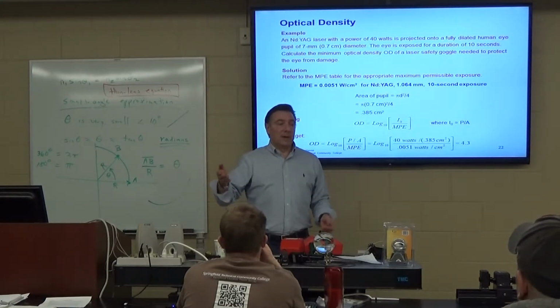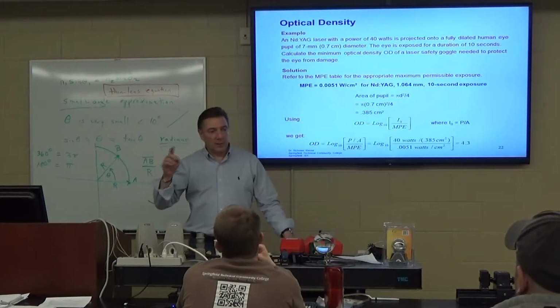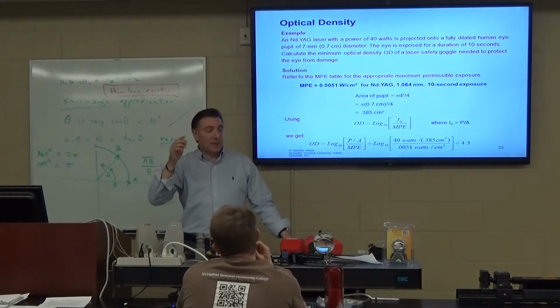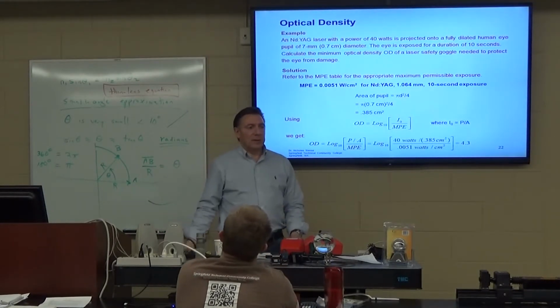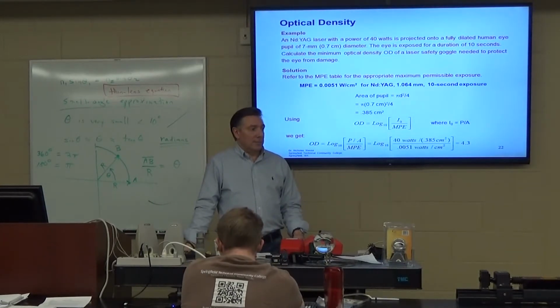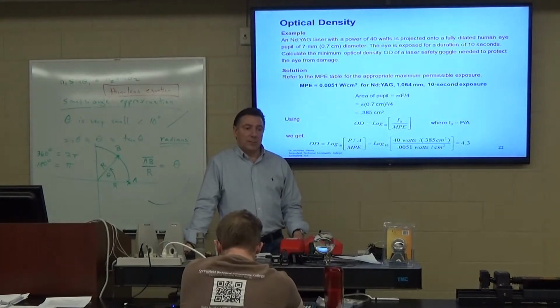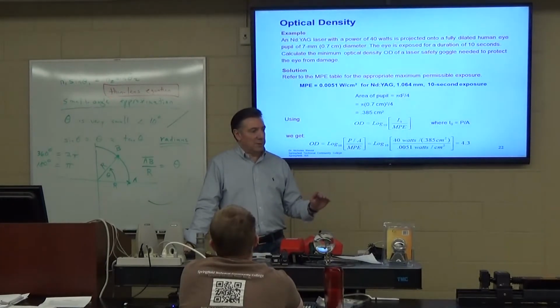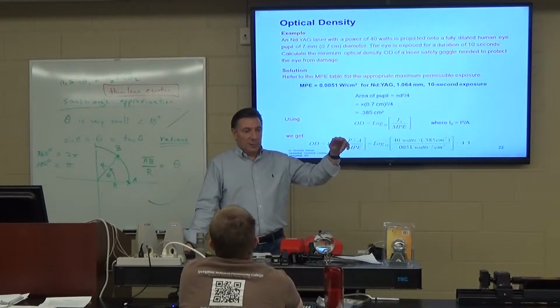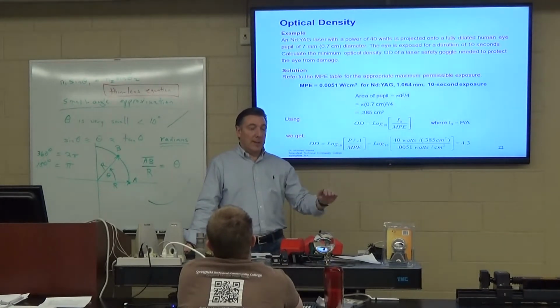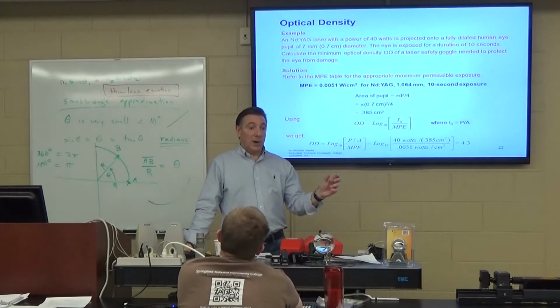So, for example, if I was operating that green laser down the hall, it's 1 watt. The goggles I have have an optical density of 2. Optical density of 2 means it's going to knock that light down by a factor of 100. So 1,000 milliwatts, or 1 watt, divided by 100 gives you 10 milliwatts.